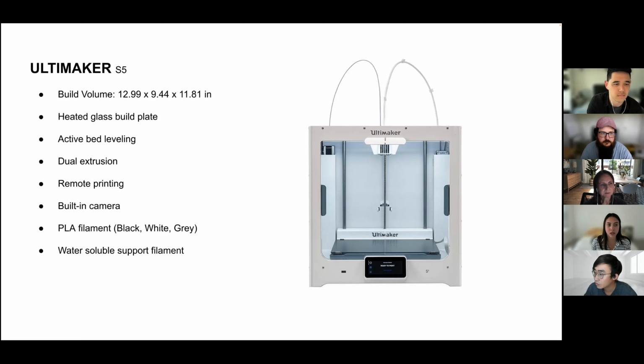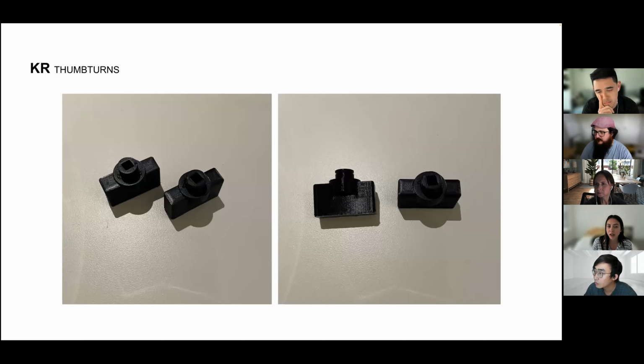And so yeah, I just wanted to jump into a couple examples of how we've used this printer in the past year specifically. So for KR, the KR team reached out to us about printing 2 thumb turns at 1:1 scale. And one of them was shared with Jada for them to test fit into their flush pull. So it was sent directly to the manufacturer.